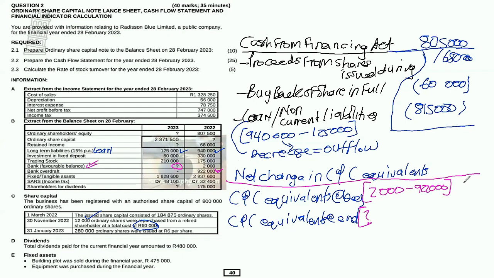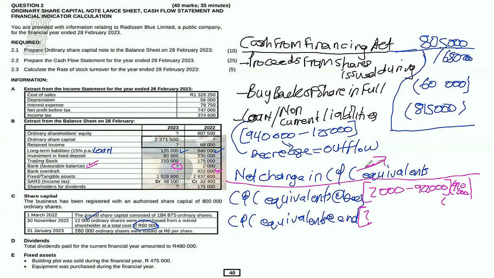When you subtract these two, you will have an outflow of 920,000.